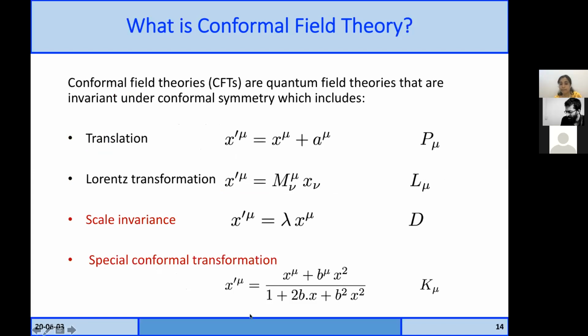So if you just take some point and then you just invert it and then translate it, you will end up getting this. So this is basically some nonlinear transformation. It basically involves the square of x. Is it clear? Yeah, I think it's clear. I think we can move on.